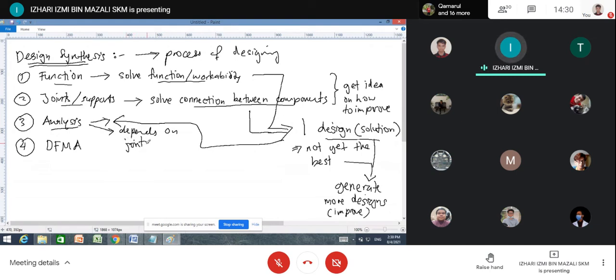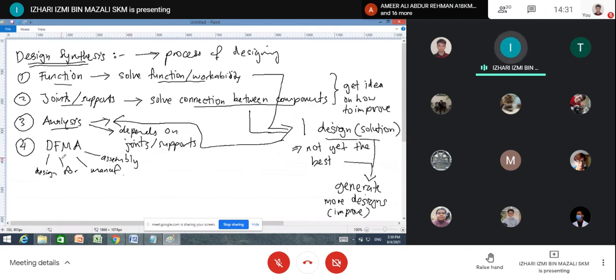It's a very important part to be finalized before we can do meaningful analysis. And then the DFMA, design for manufacturing and assembly.